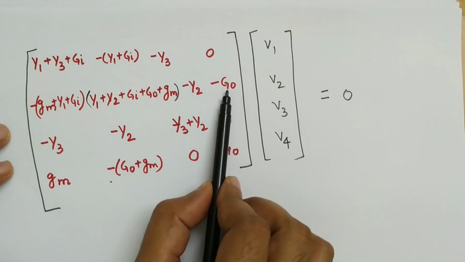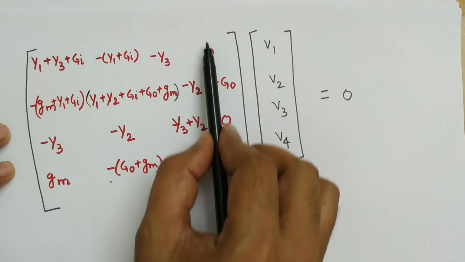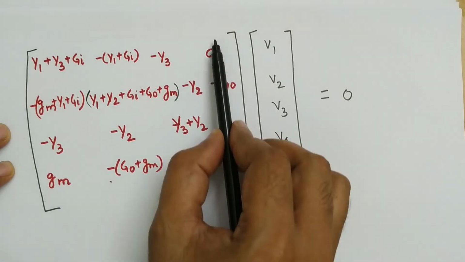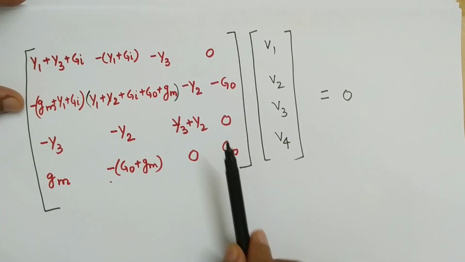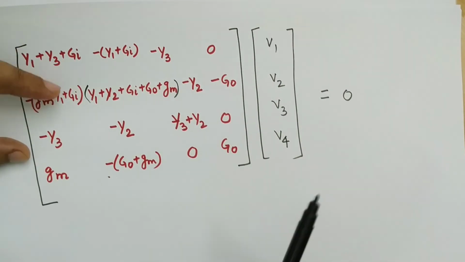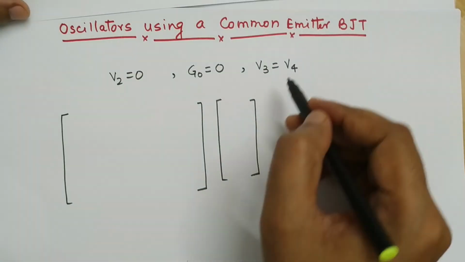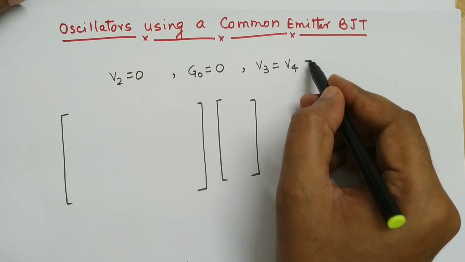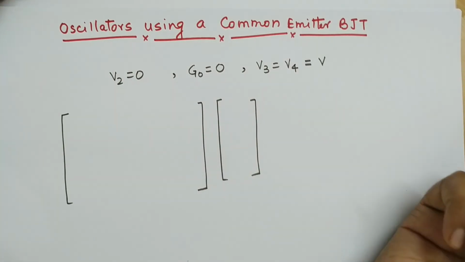Also, if G0 is 0, this column will have the 0 value, so this will also be removed. So our simplified version will be, let us assume that V3 equal to V4, which is V, that is the output voltage.